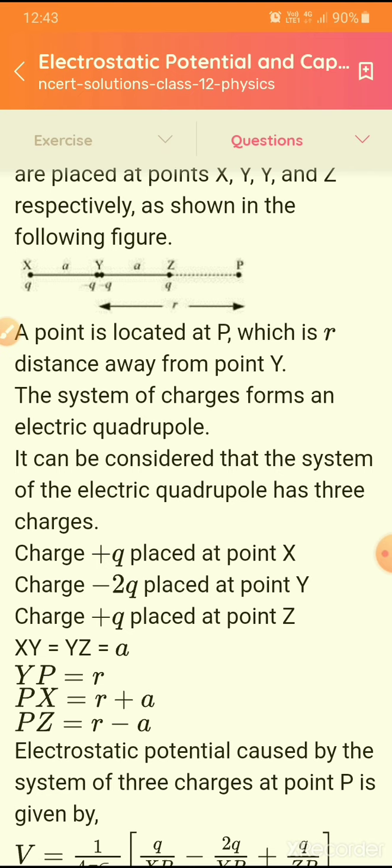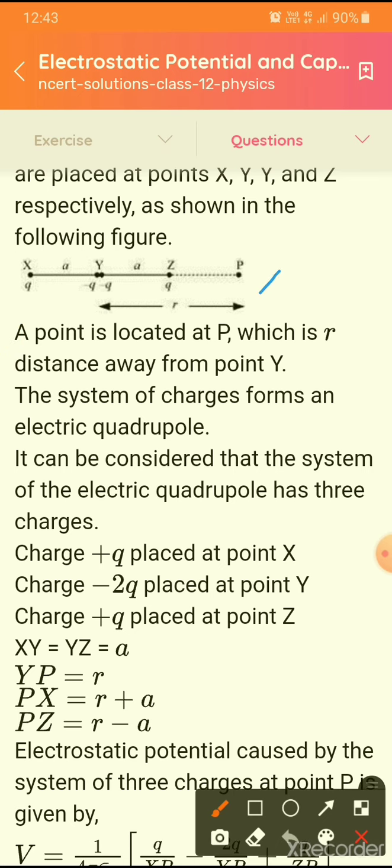So what will be PX? P is here and X is here. From P to X will be this r plus this a, so r plus a.